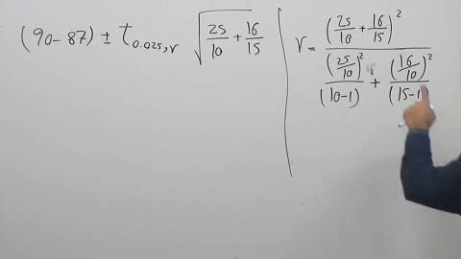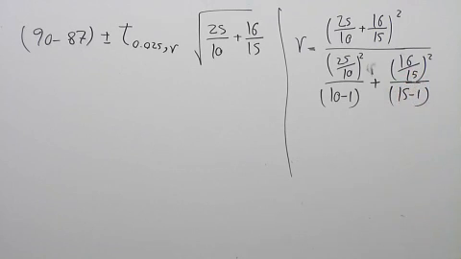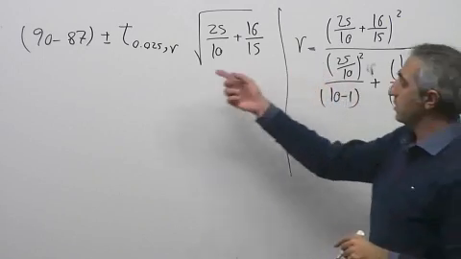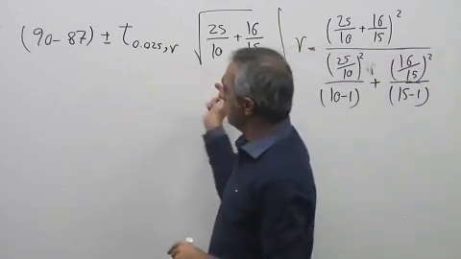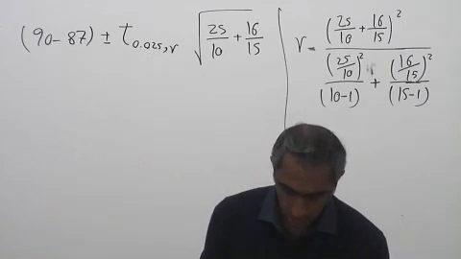So you get the degrees of freedom here. Just find the t value, and you calculate your lower bound and upper bound.